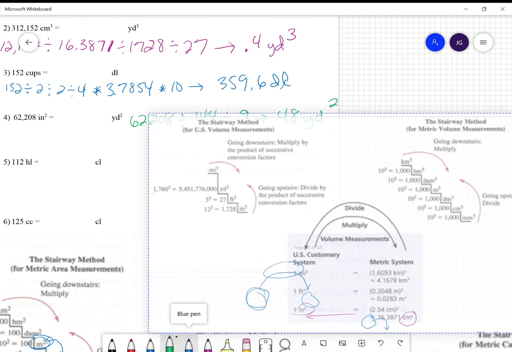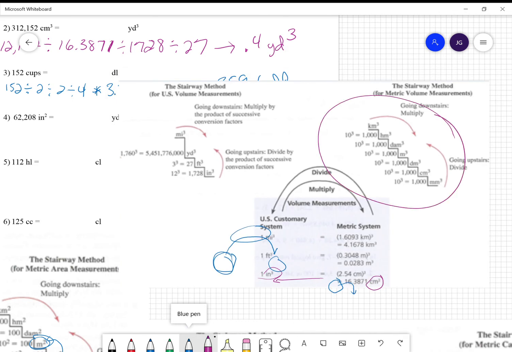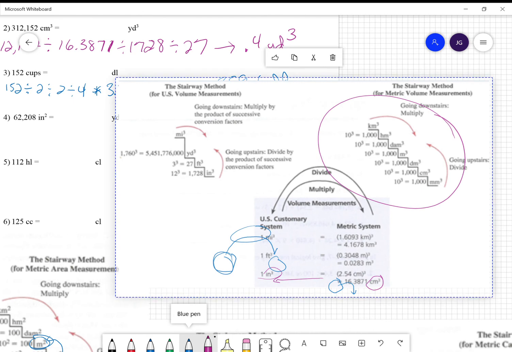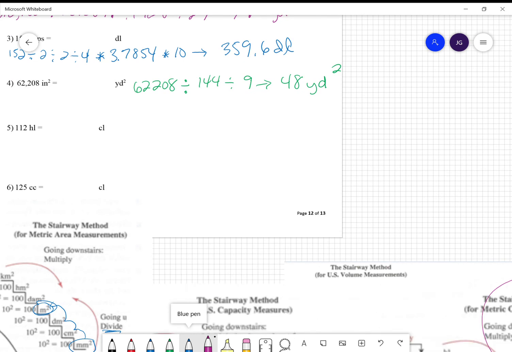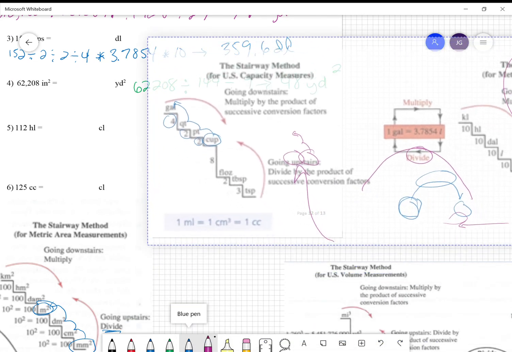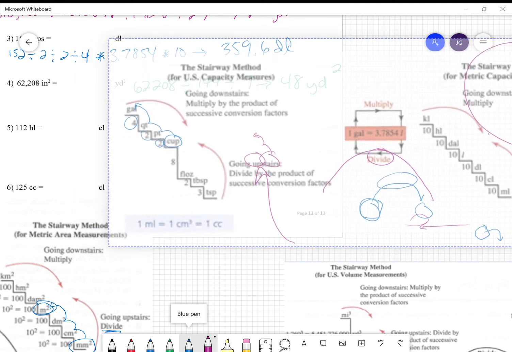I am not going between US and metric. I'm just over here in the metric. Oh, that's volume. I want capacity. See, hectoliter and centiliter, not over here. I grabbed the wrong one. Now I've got the one I want. Now let's erase some of this stuff.